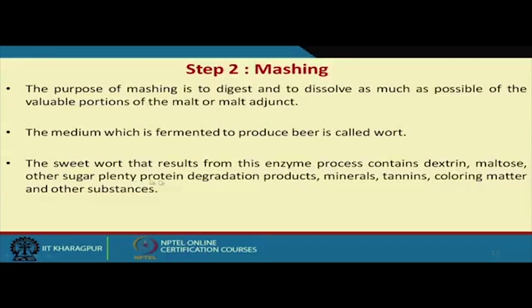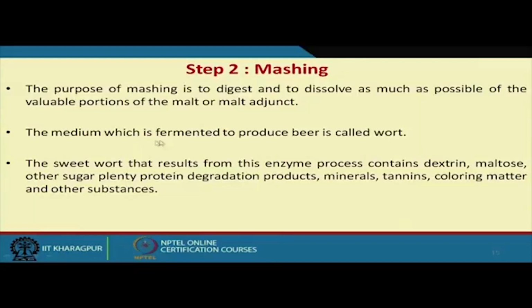Then the next step is the mashing process. The purpose of mashing is to digest or dissolve as much as possible of the valuable portion of the malt and malt adjunct. I told you that here the insoluble material will be solubilized. The medium which is fermented to produce beer is called the wort. This is very important.